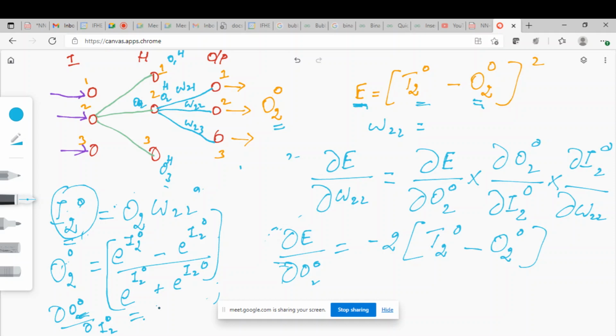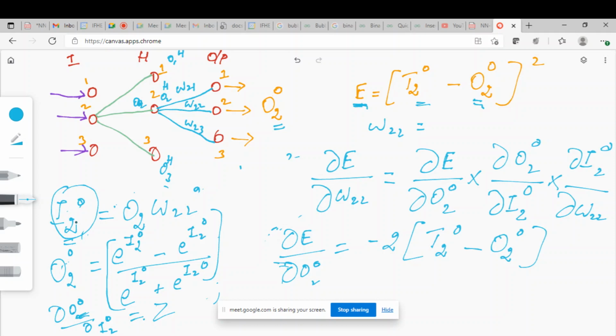I am not going into this differentiation part now, we will discuss it later. Say we got some variable, let us assume Z. When you differentiate output with respect to input, you get Z.